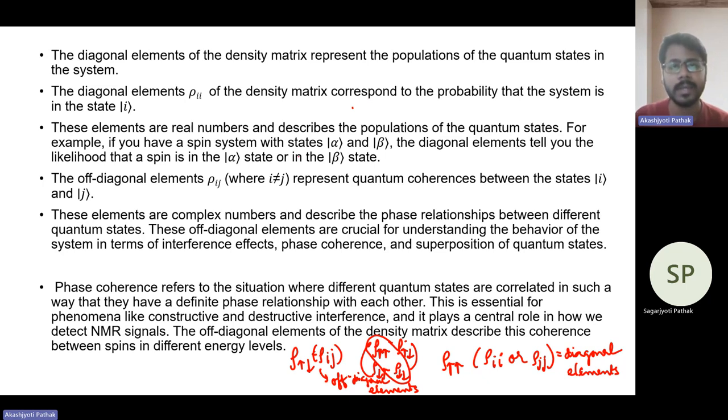So that is called the density operator. The density operator is basically an n cross n matrix, and this n cross n matrix will have elements. So what do the off diagonal elements and diagonal elements in this matrix represent, which we have just now seen?